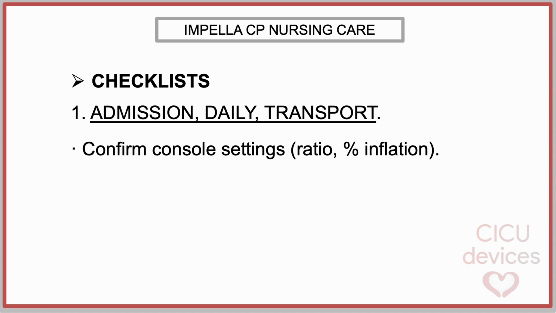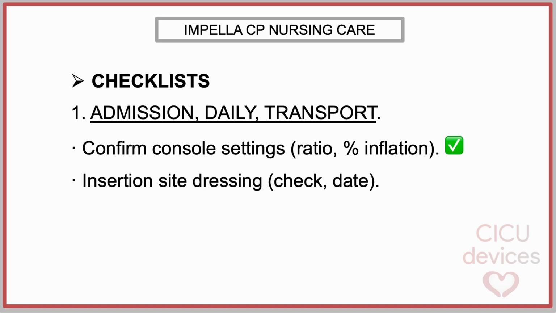First, confirm on the console that all prescribed parameters are correctly set, including the counterpulsation ratio and balloon inflation percentage. The insertion site dressing should be inspected regularly and replaced as needed to maintain sterility and prevent infection. Additionally, the date of the last dressing change should be documented.